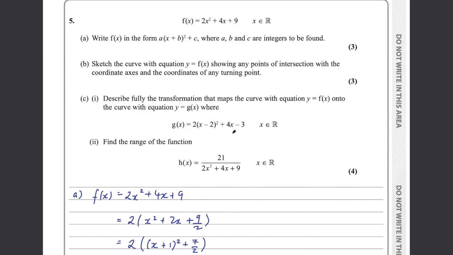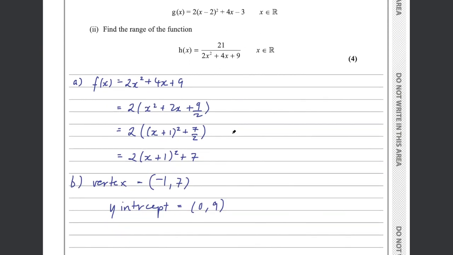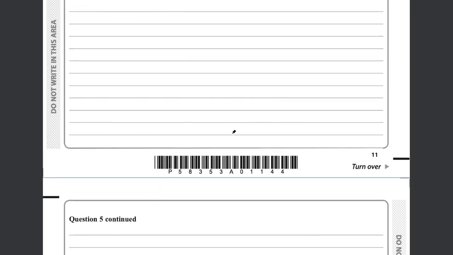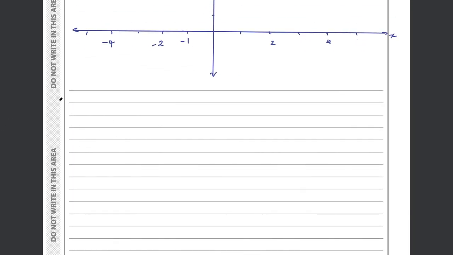So let's write that down below for g of x. Let's do it down here. So for part C, part 1, we've got g of x equal to 2 times (x take 2) all squared plus 4x take 3. And we're comparing this to f of x, which was 2x squared plus 4x plus 9.